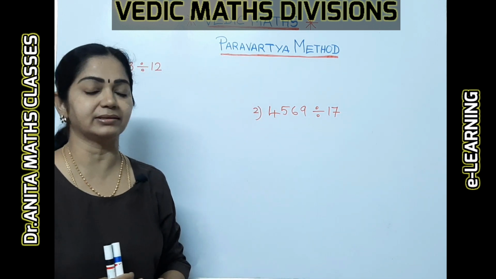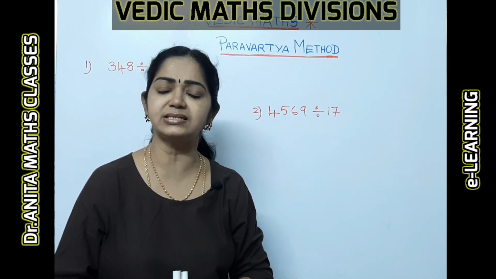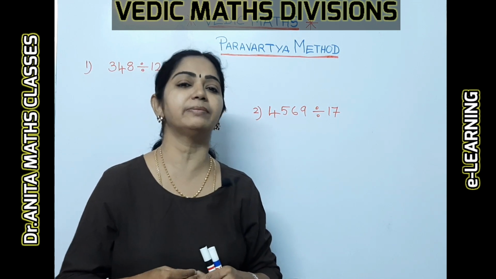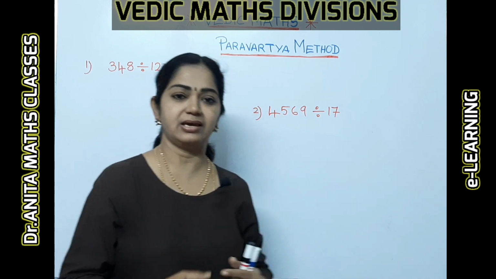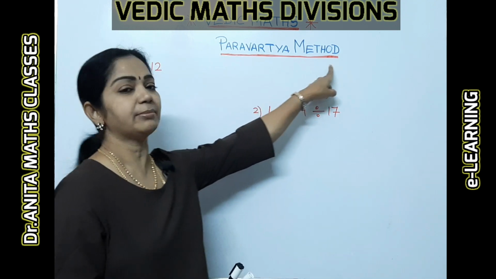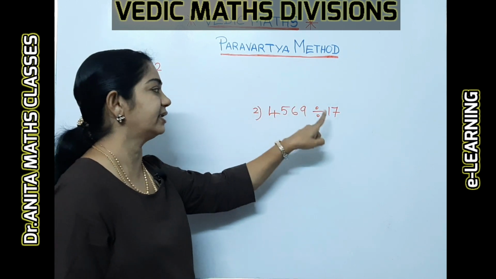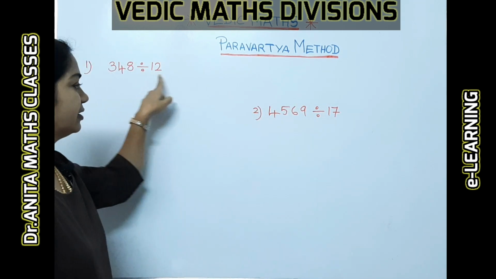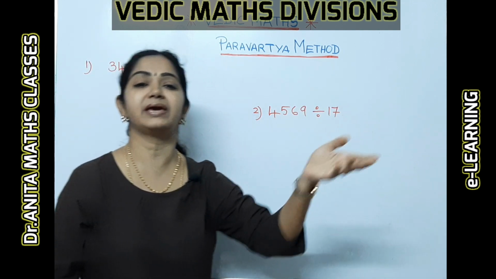Like in the Nikhilam method, the divisors are just near to the base tens, 10, 100, 1000 and all. In the same way, this Paravartya method works out well for divisors that are just above the base numbers.